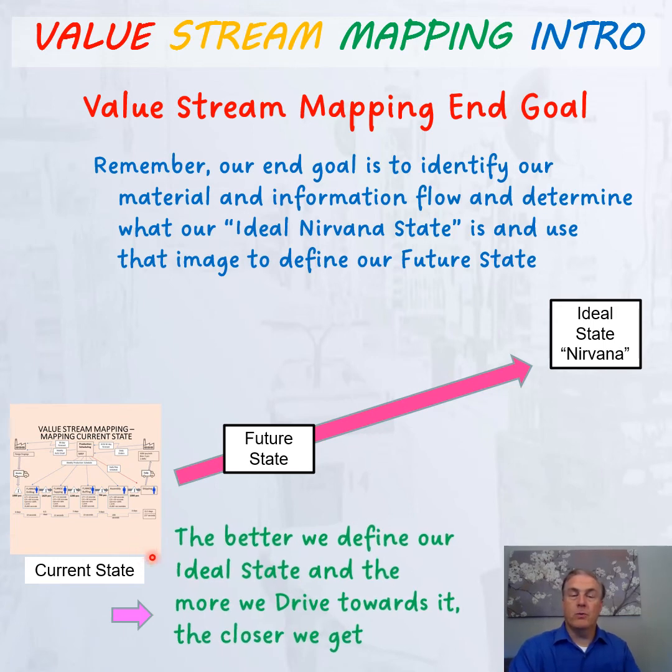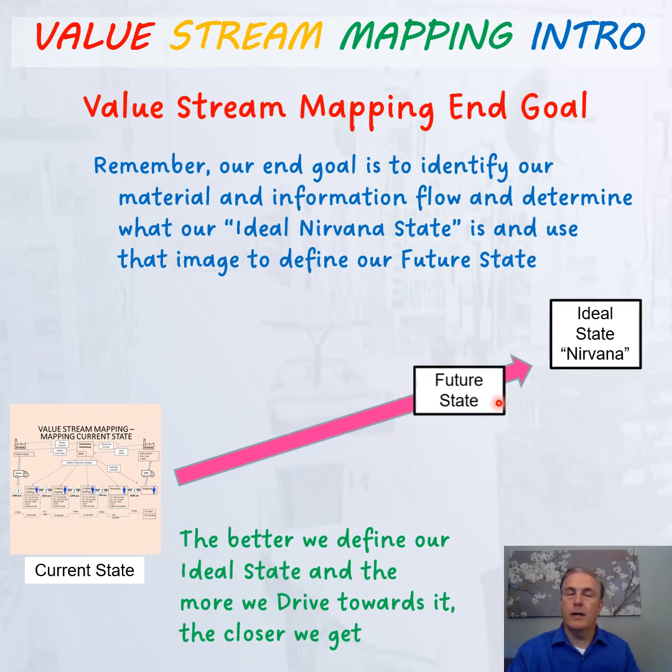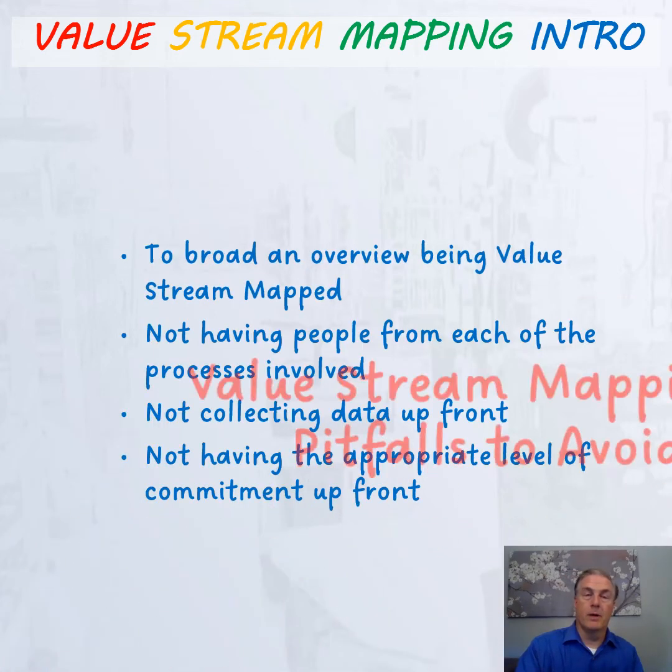So the better we define our ideal state and the more we drive towards it and the closer we get, the more we take our future state closer to our ideal or nirvana state. Really, really important. So you've got to open your eyes, take away all the blinders of what you have because of your typical environment in order to impact change.